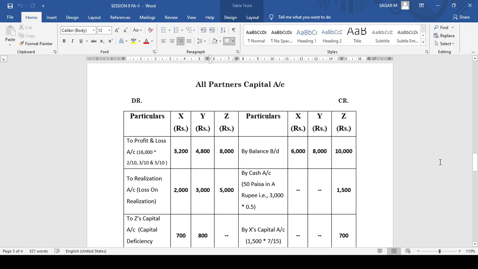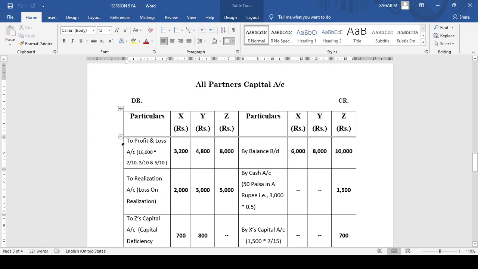In the usual manner, prepare all partners' capital accounts, that is X, Y, Z. Begin with their credit balance, by balance brought down: X 6,000, Y 8,000, Z 10,000. After this, if there are any accumulated profits or losses in the balance sheet, transfer them.